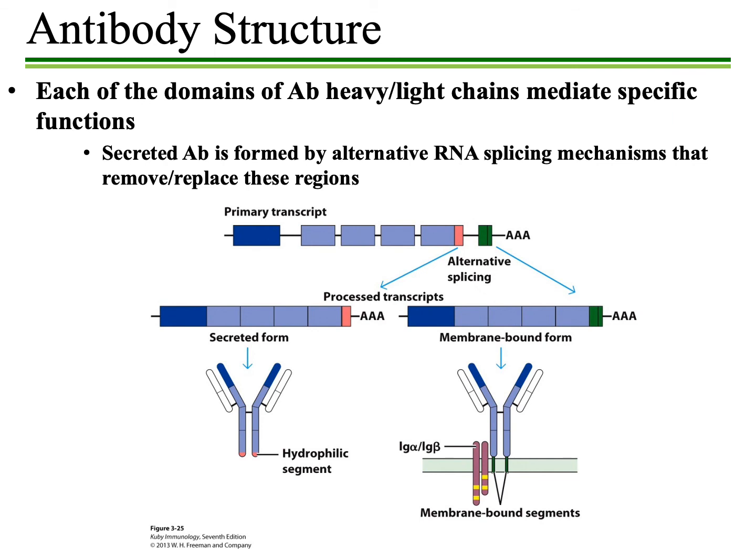So what exactly allows for the difference in the production of a membrane-associated antibody versus a soluble antibody? Like I mentioned in the previous slide, there is a section in the membrane-associated antibody that is absent in the soluble antibody that specifically allows for membrane association. In this particular slide, what you're looking at is a transcript, the result of transcription of a given antibody gene, or a gene that codes for an antibody.